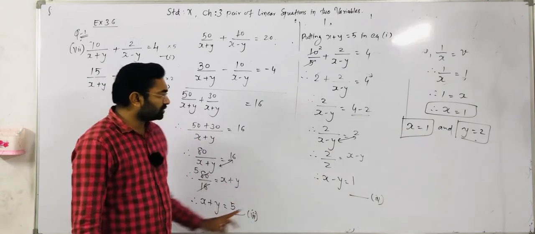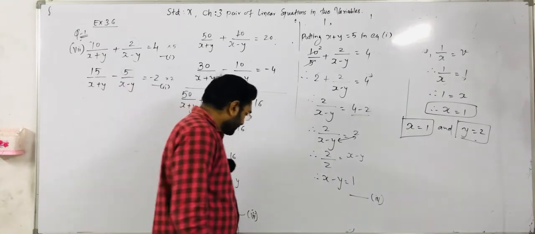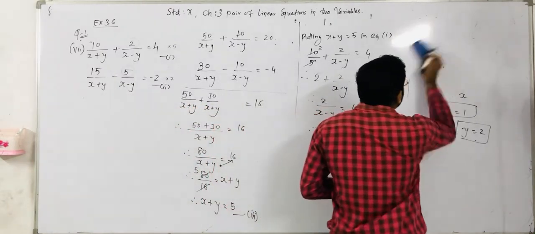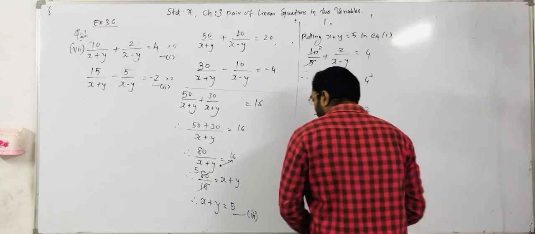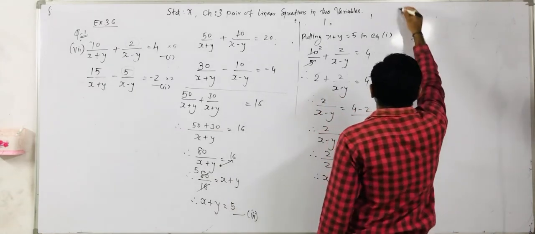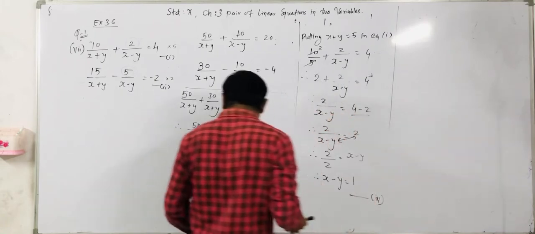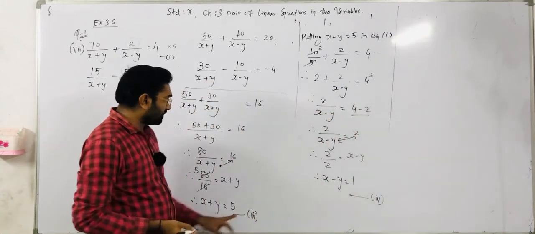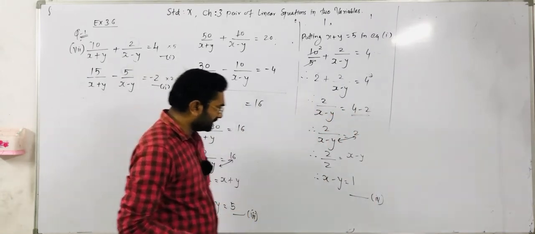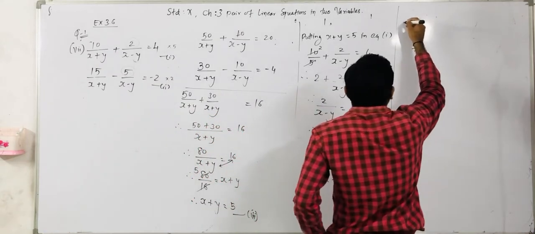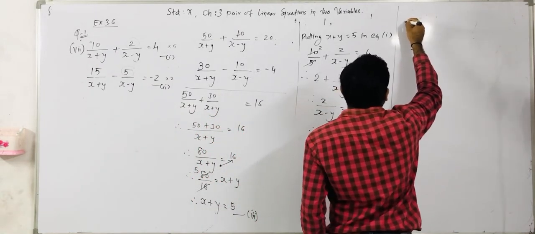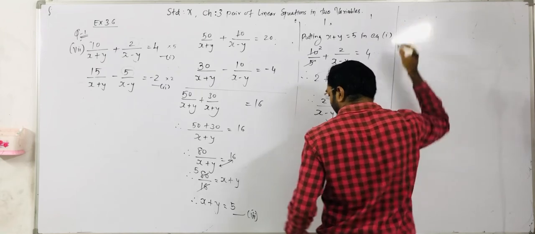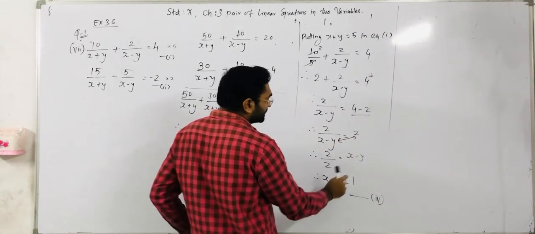Now these two equations you have to solve by any method, elimination or substitution. Suppose we want to apply the elimination method. The x coefficient is the same, 1, and the y coefficient is also the same, 1. So no need to multiply equations 3 and 4. We are adding them because the plus and minus signs are there.